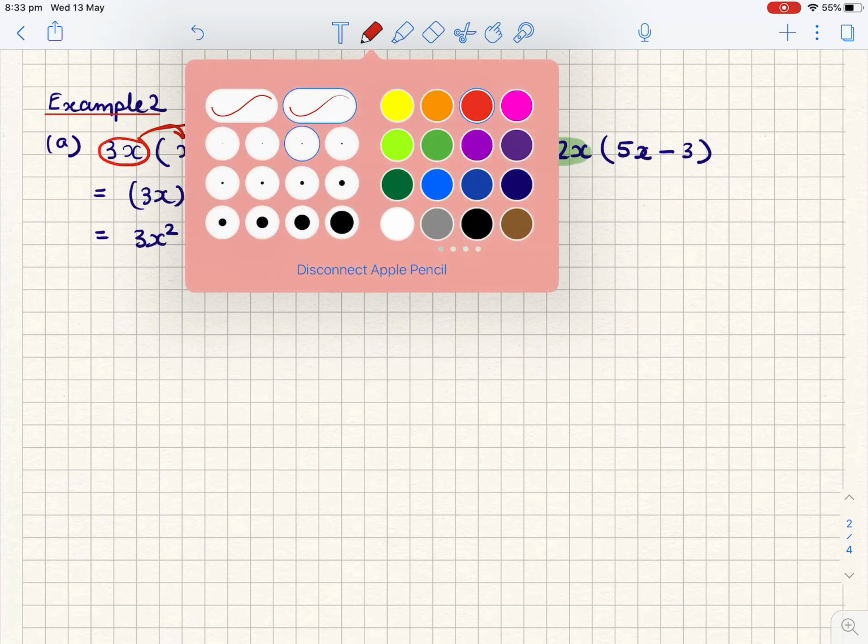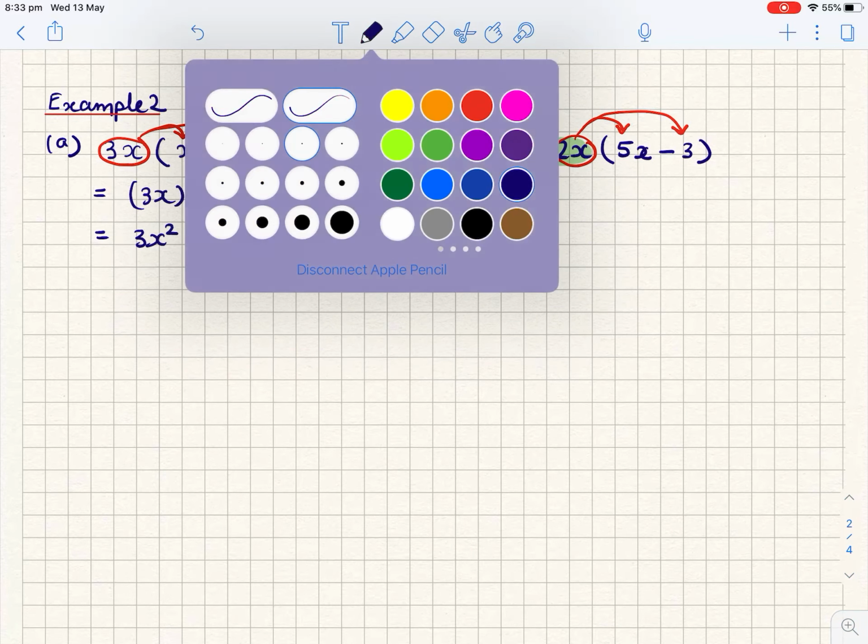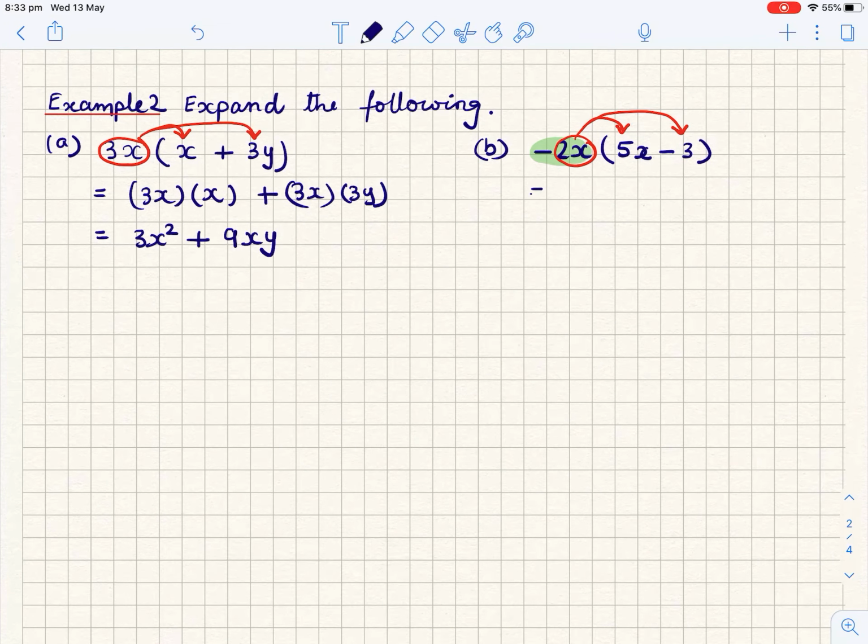So the sign inside the bracket will change if we multiply with negative 2x each term. Because 5x is positive inside the bracket, the sign will become negative in front of it.